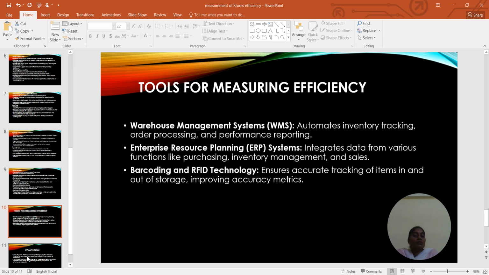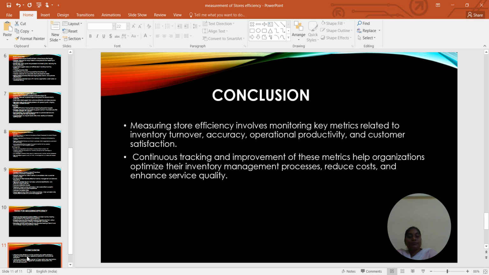Then enterprise resource planning systems integrate data from various functions like purchasing, inventory management, and sales. And barcodes and RFID technologies are used to ensure accurate tracking of items into and out of storage and to improve accuracy metrics.